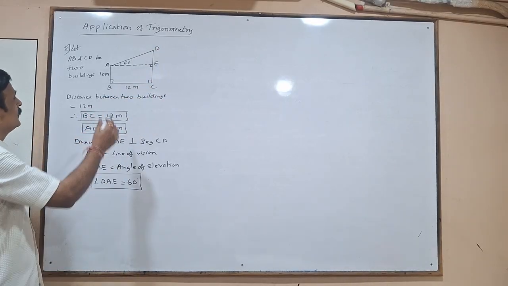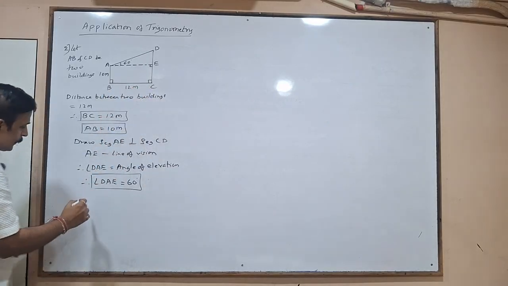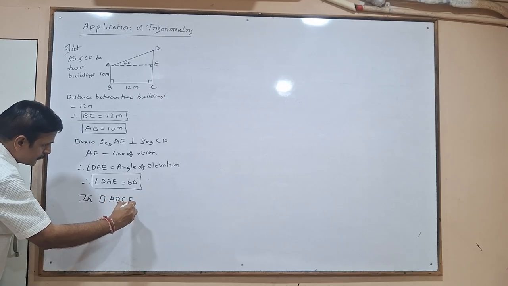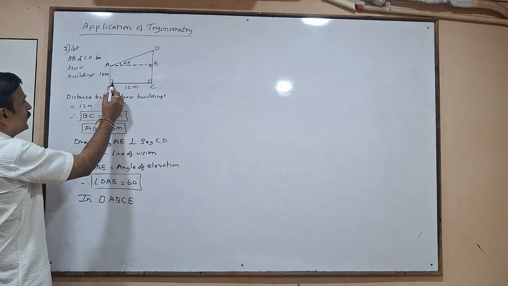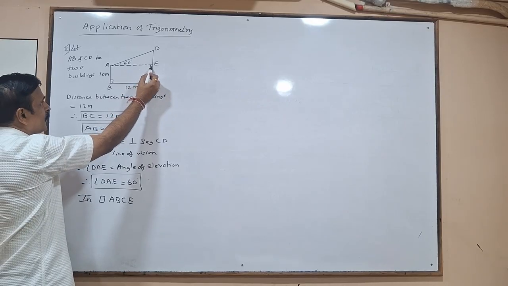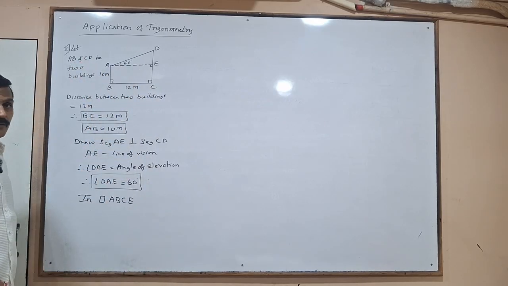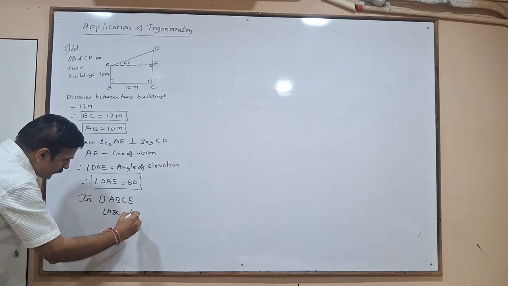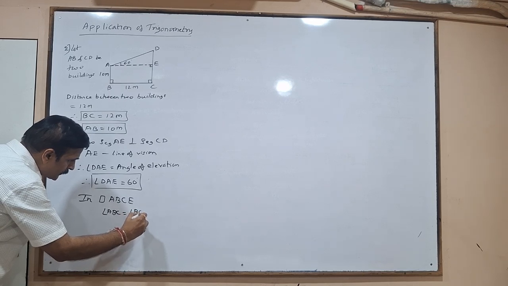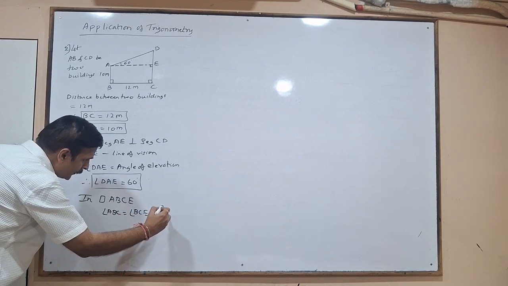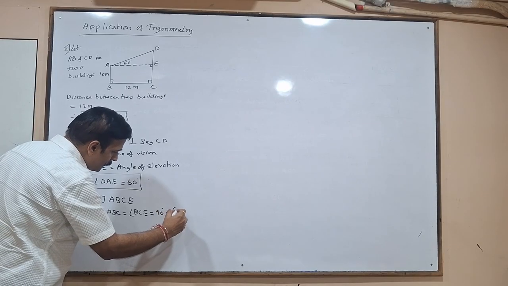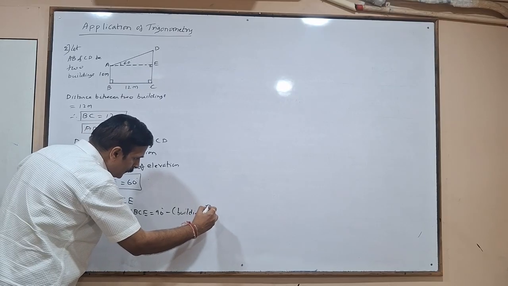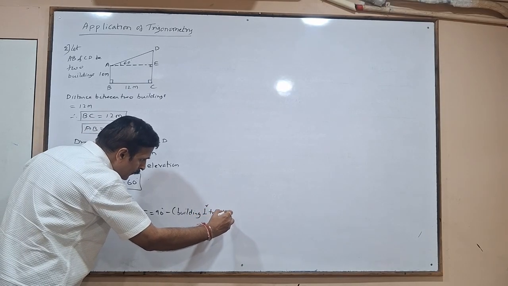What I observe is this quadrilateral ABCE. Angle ABC equals angle BCE equals 90, since the building is perpendicular to the ground.